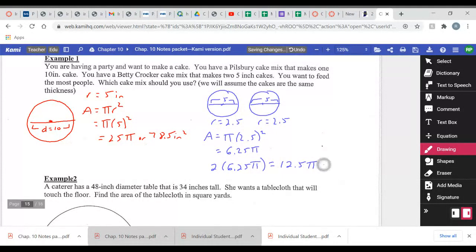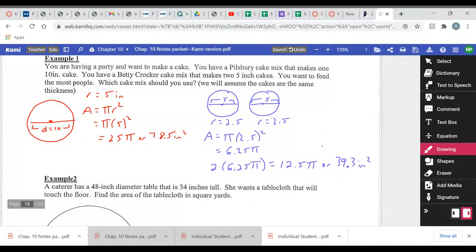which is the same thing as 39.3 inches squared. So see if you were right. We're saying the 2 5-inch cakes give us an area of 39.3 inches squared of cake, and the 10-inch cake gives us 78.5 inches squared of cake.